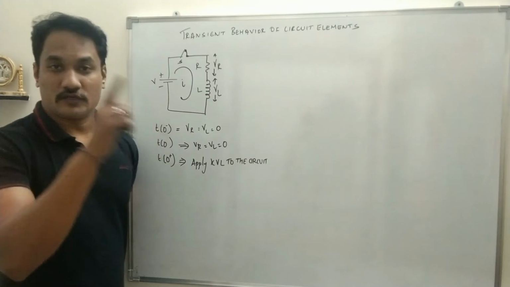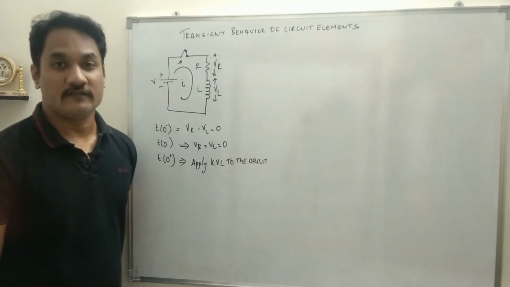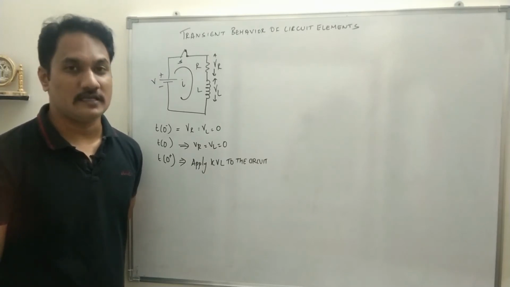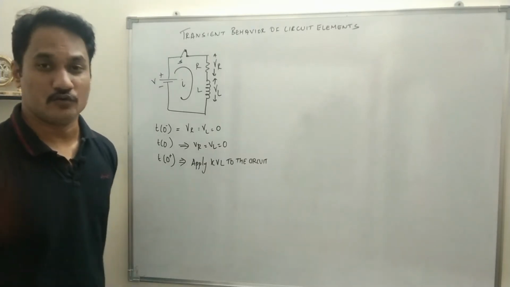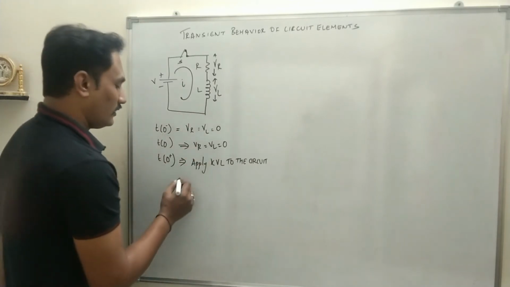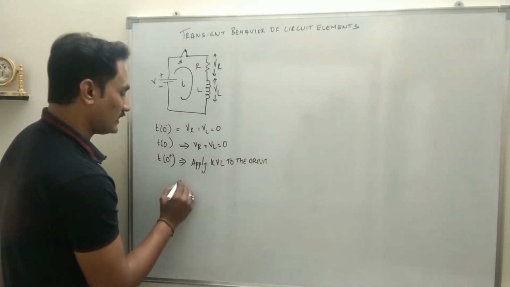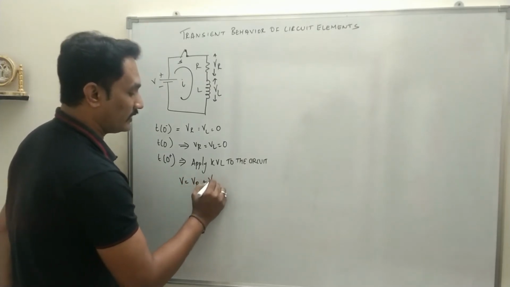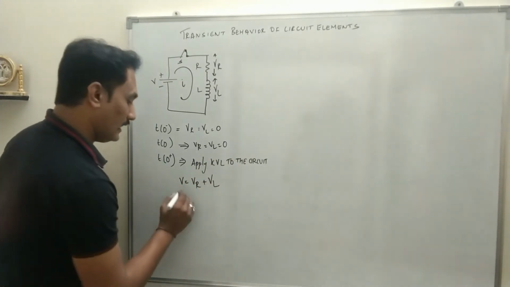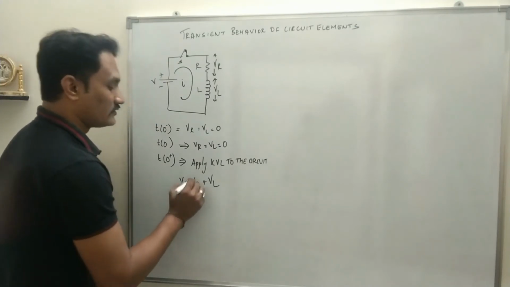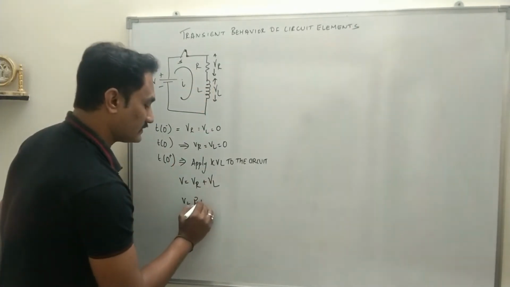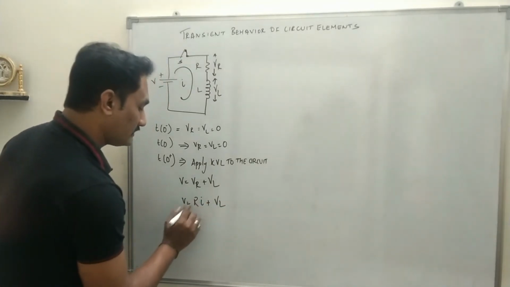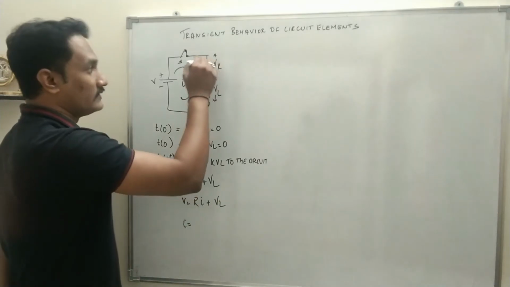The total voltage drop around any closed loop, starting from one potential and going back to the same point, the same potential, must be equal to 0. You already know how to apply KVL. So by that formula, we can say that V is equal to VR plus VL, and the voltage drop across the resistance can be written as resistance multiplied by current, R times I, plus VL. Now this same current I is the current which is flowing through the resistance.